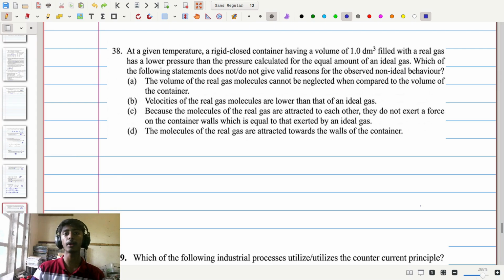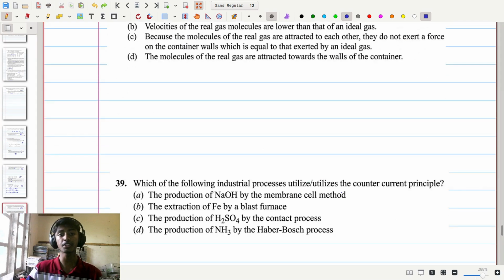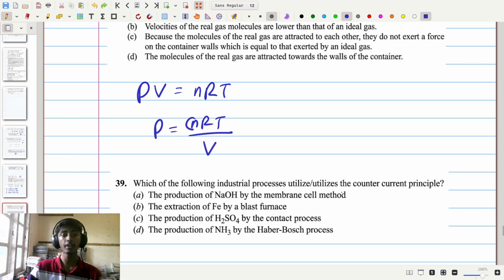Now to solve this one, let's consider the ideal gas equation PV equals nRT. Rearranging, we get P equals nRT divided by V. So pressure equals number of moles times R times temperature divided by volume.